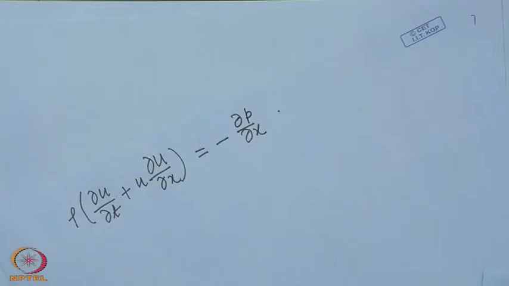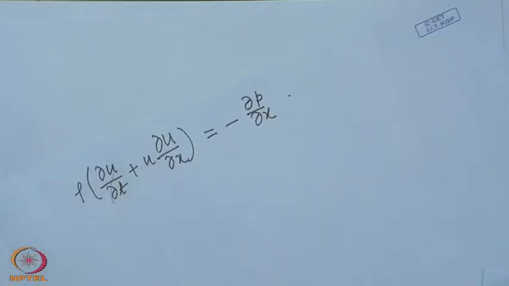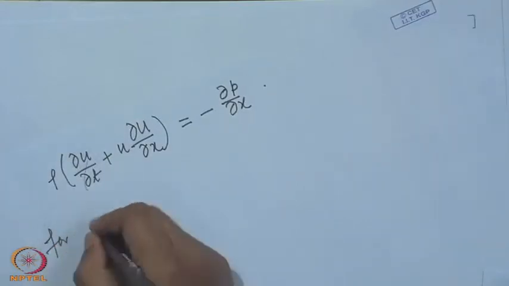This equation can be easily obtained by substituting y and dropping the y and z derivative terms from the 3-dimensional or the general Euler's equation for inviscid flow. If the flow is steady, then the first term, that is the du dt, becomes 0 and the equation can be written for steady flow.